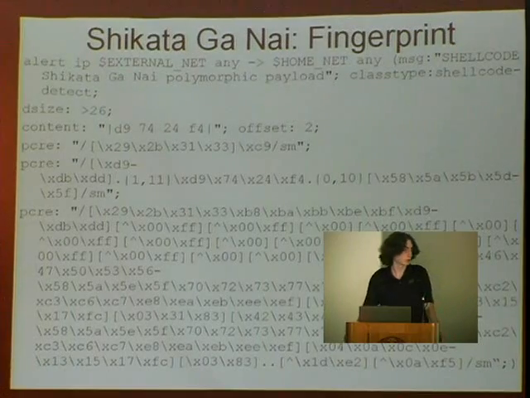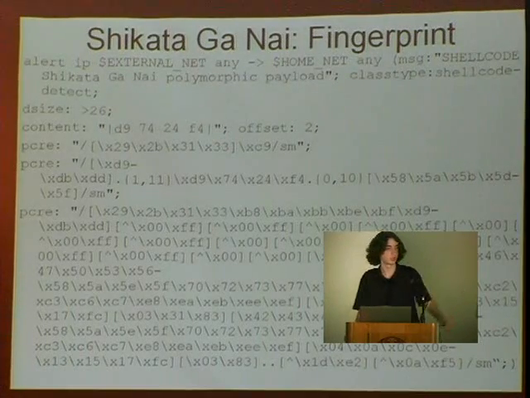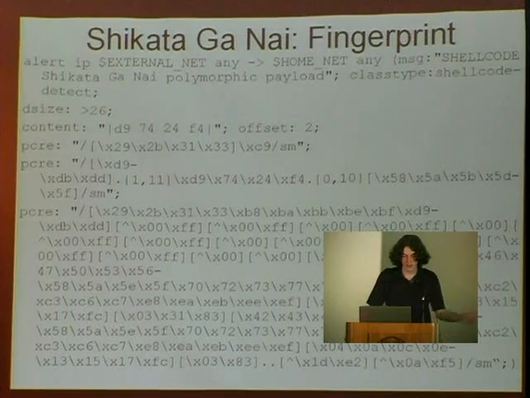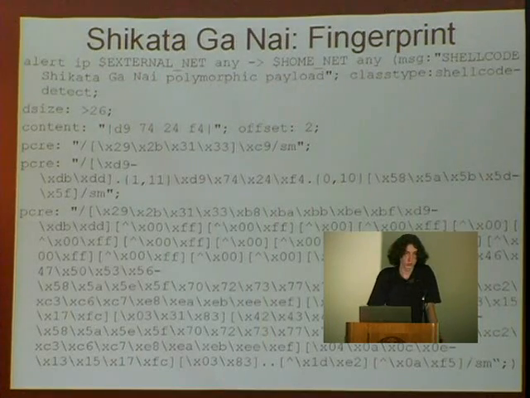If you can see it, the first 3 bytes are just the static bytes, or the bytes with few possible permutations, and the last line is a Perl regular expression for the byte distribution, which should narrow it down so considerably that there are few to no false positives anymore on this fingerprint.